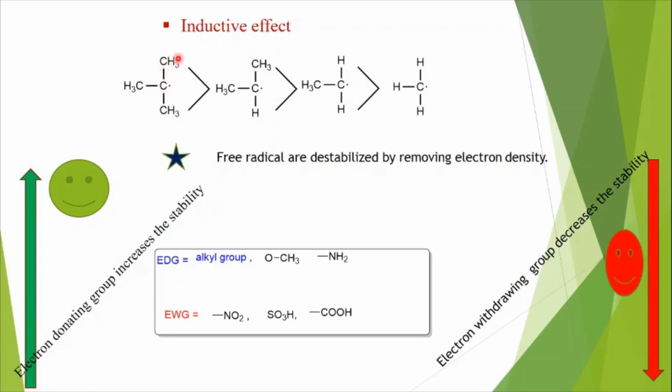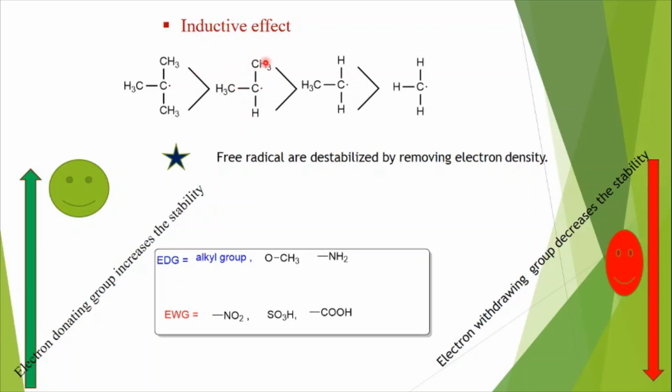So this tertiary butyl radical, having 3 electron donating groups, has more stability as compared to the secondary radical, because in the secondary or isopropyl radical it has only 2 methyl groups, so it stabilizes less effectively as compared to tertiary butyl.